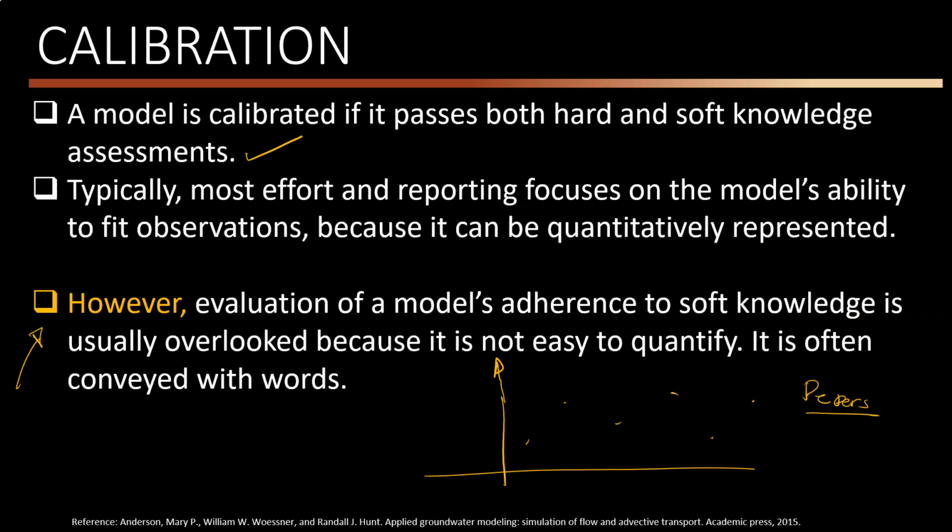The problem is that it is difficult to show the soft knowledge matches quantitatively, but there's no way you can convey the matches just by verbally describing the system and the soft knowledge information, and saying that our model is consistent with this information.